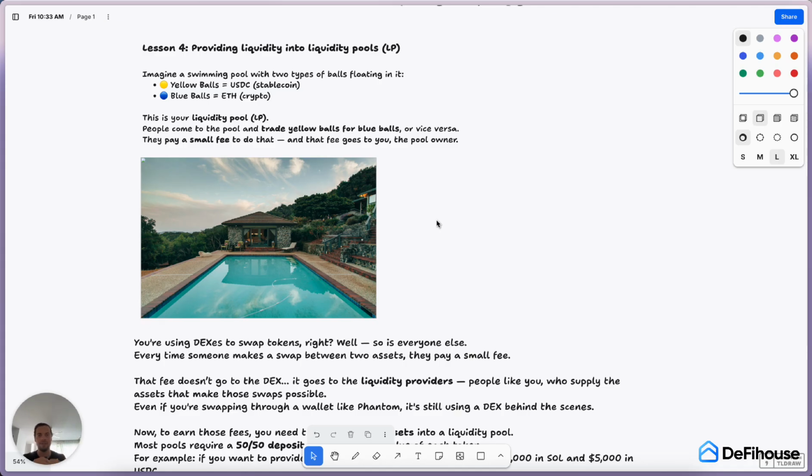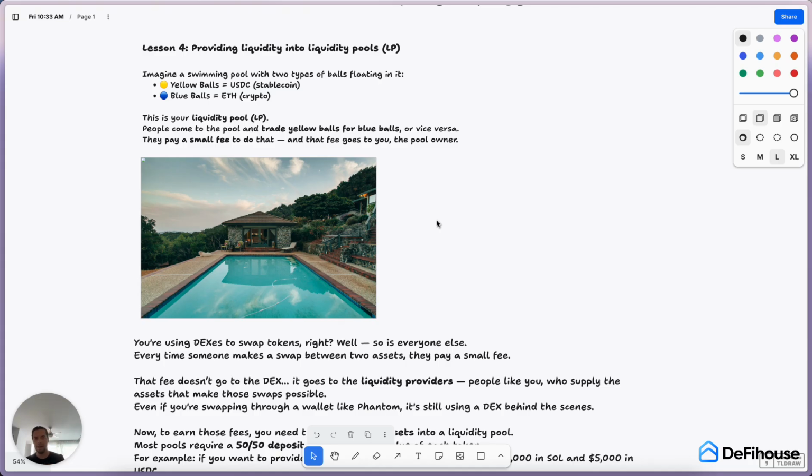And every single transaction, every single exchange, the swap between yellow ball and blue ball, they pay a fee, right? Because imagine that you are the pool owner, and a lot of different people bring their balls, in this case either USDC or Ethereum, and others come and trade.